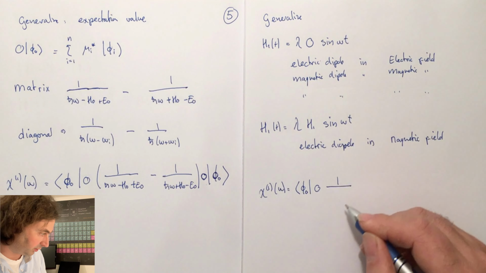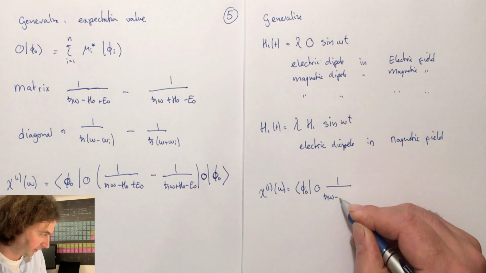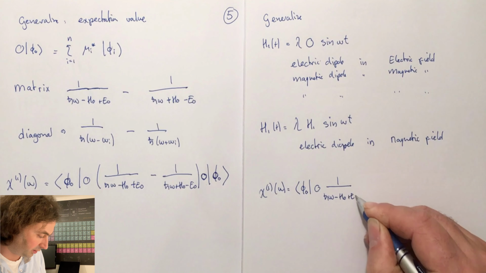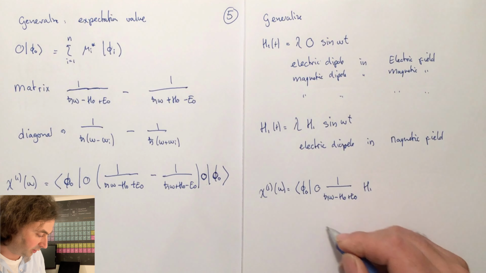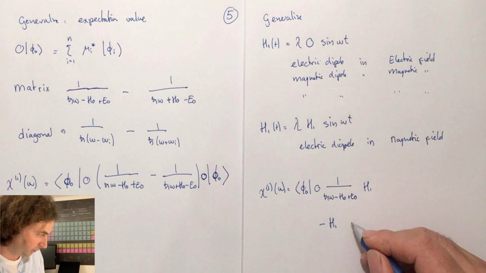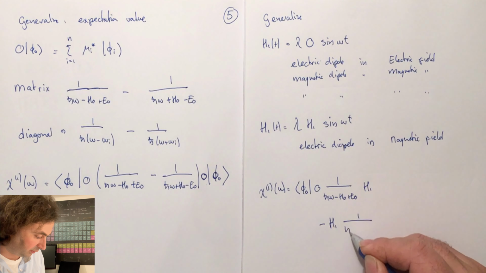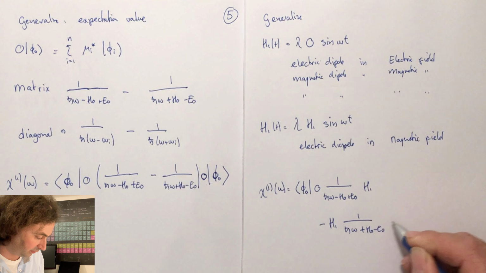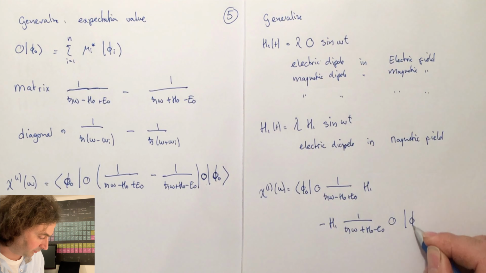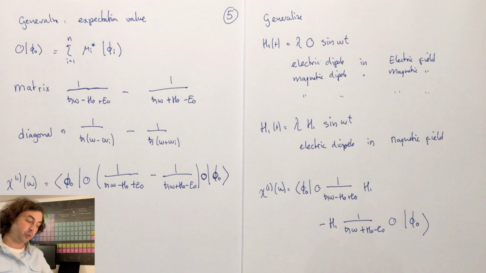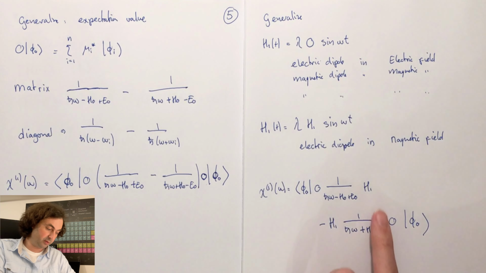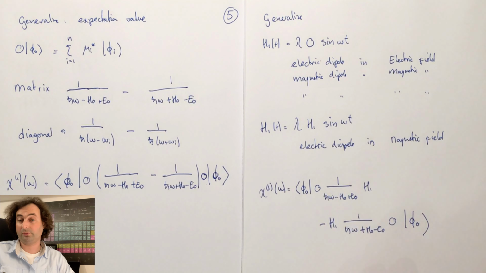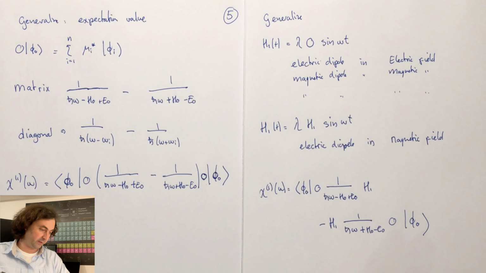So we have 1 over h bar omega minus H0 plus E0, H1 minus H1, 1 over h bar omega plus H0 minus E0, O psi0, for a general susceptibility where your driving Hamiltonian is different from the observable that you look at.